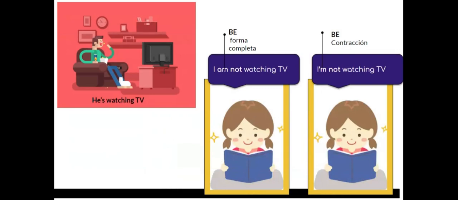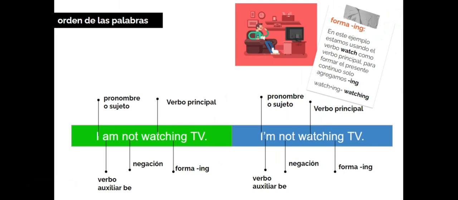Here we have the contracted form and the full form of the verb be in the negative form. I'm not watching TV. Remember, to make contractions, you have to use a subject, an apostrophe, and then the verb be. So here we have the structure to make a sentence using the present continuous tense in negative form.